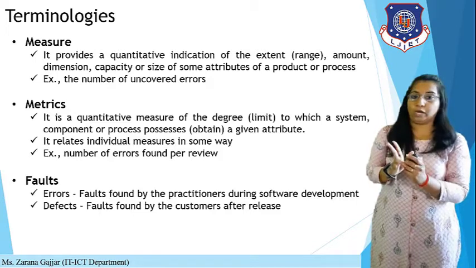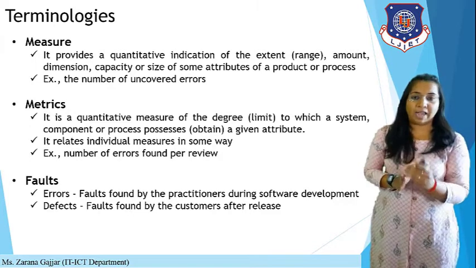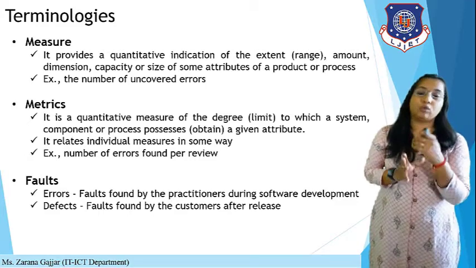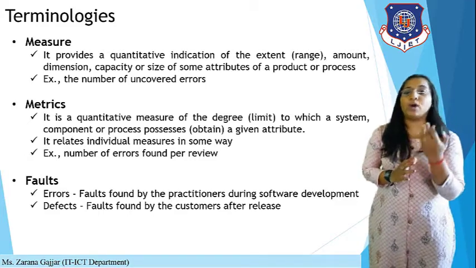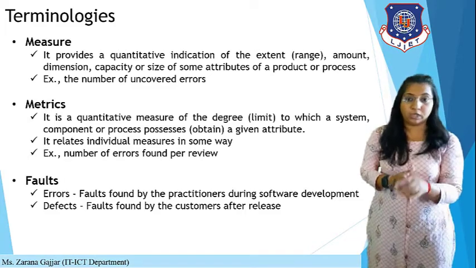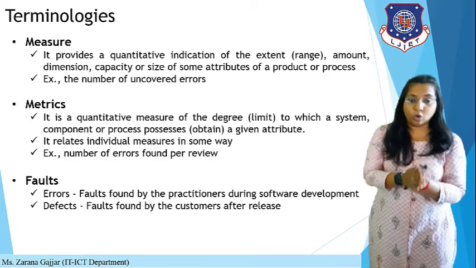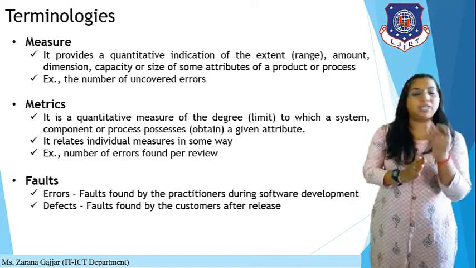Then next is a fault. Faults are of two types, error and defect. A fault found by the practitioner during software development: if you are a developer and you find some fault in your product, then it is known as an error.